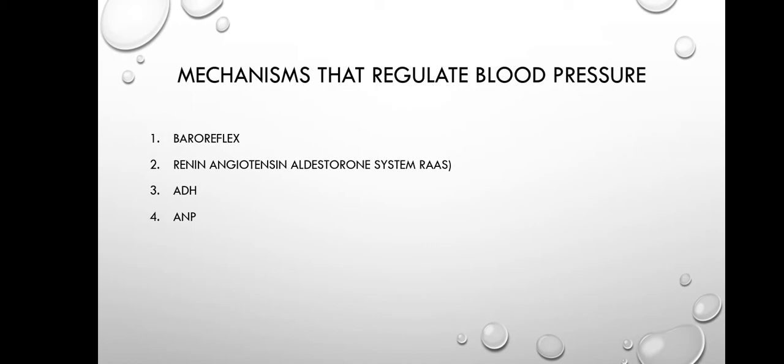So these cardioregulatory centers, it's actually the center now which regulates heart rate. Yeah, it's the one that can send signals to the SA node to actually increase the heart rate or decrease the heart rate. That's its main function, to influence the heart rate by sending signals to the SA node.